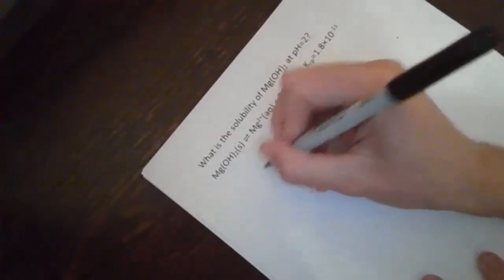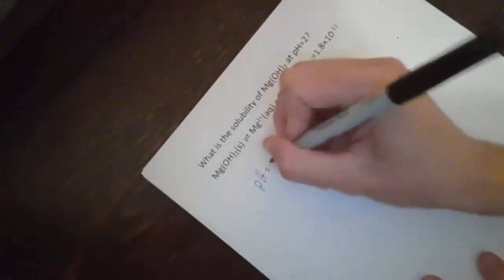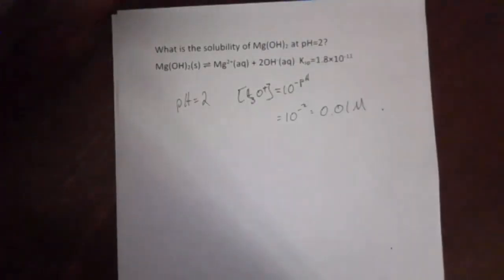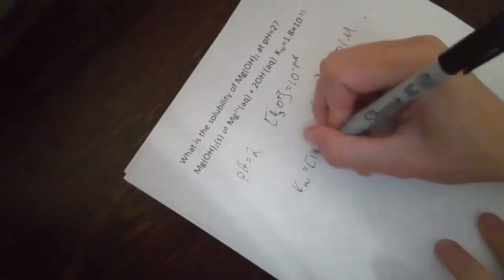So we know that the pH is equal to 2, and we know that the concentration of hydronium is going to be 10 to the negative pH. That's our general equation. So in this case, 10 to the negative 2 is 0.01 molar. And so we can use our same Kw equation, which tells us that the concentration of hydronium times the concentration of hydroxide is equal to the Kw value.